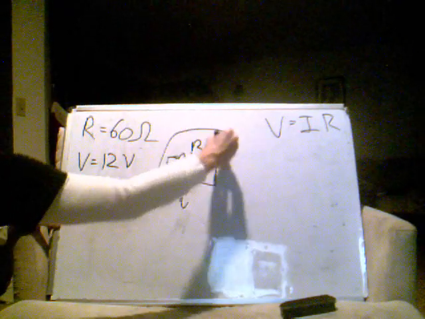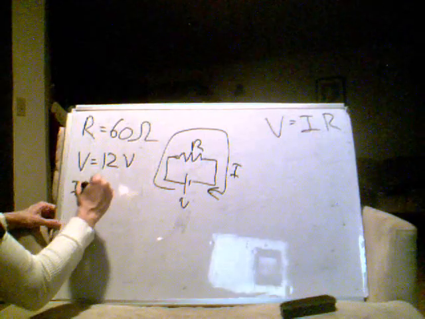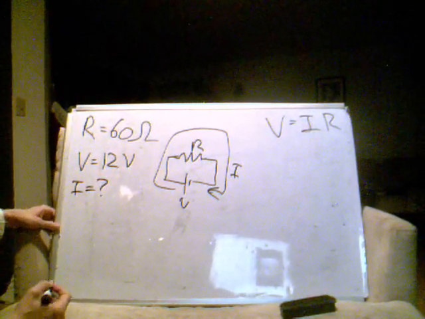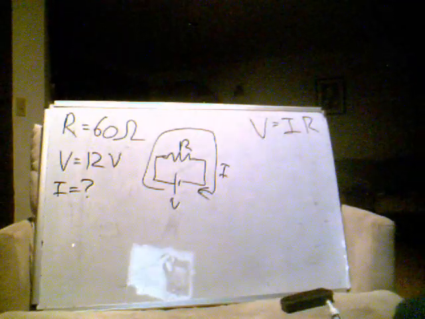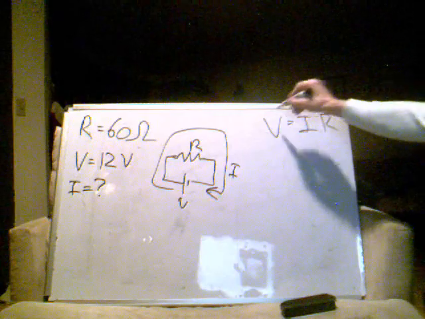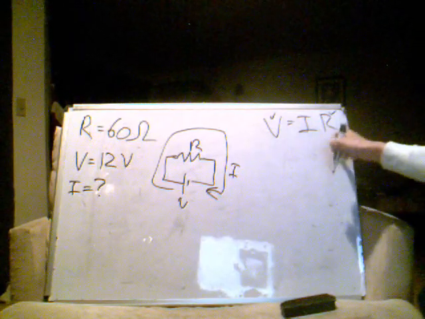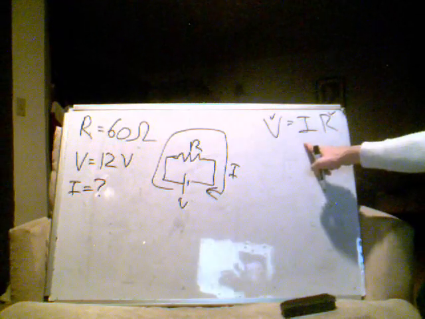We want to know what the magnitude of the current in this circuit is. Well, we said voltage is current times resistance, right? Now we know what that is, we know what that is. We want to isolate and find the current then, right?